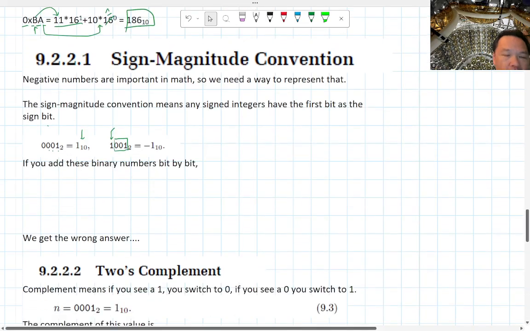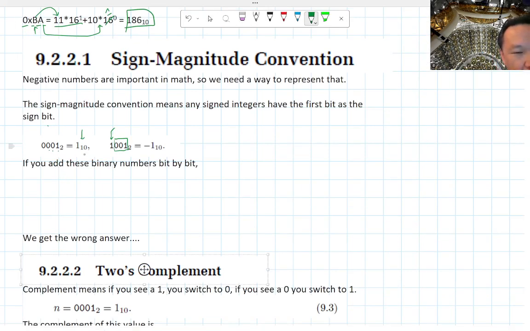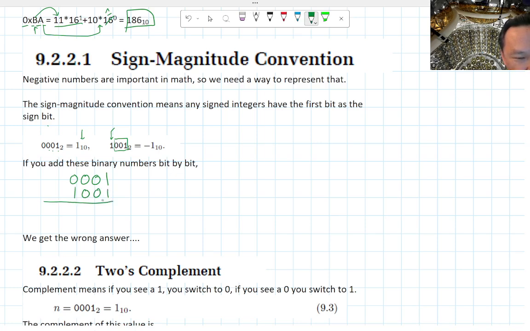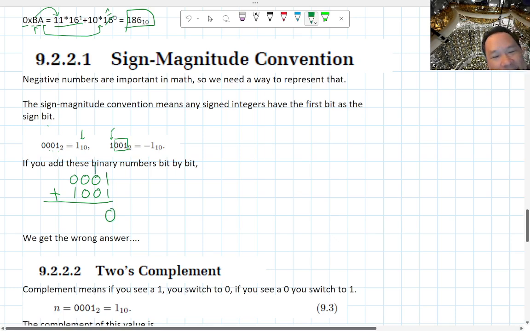The problem is the math doesn't work here. Okay. Now we're going to go back to grade school. If we add these two numbers together, +1 plus -1 should add to 0, right? Going back to the way we add, we line these things up. Remember this? You add them together. 1 plus 1 gives you 0 with a carry of 1.